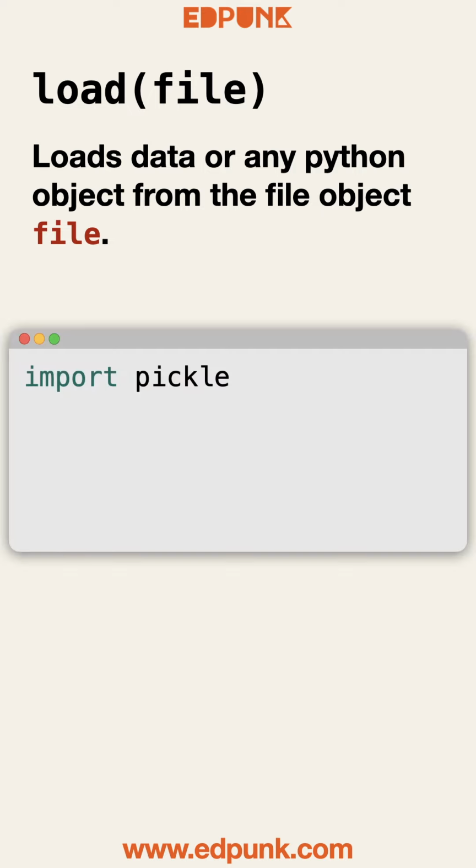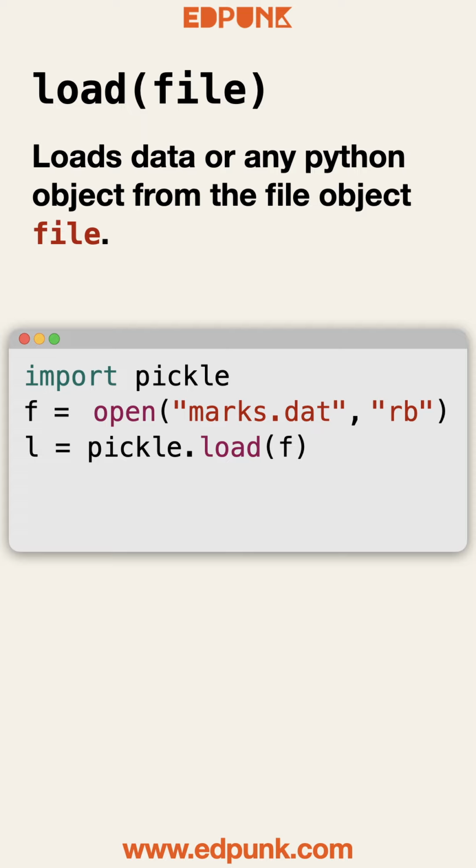The first step is to load all functions in the pickle module using import pickle. Now, let us open a file marks.dat in binary read mode and assign the file object to f. Now, by executing the load function of the pickle module, we can deserialize an object that was written to the file.